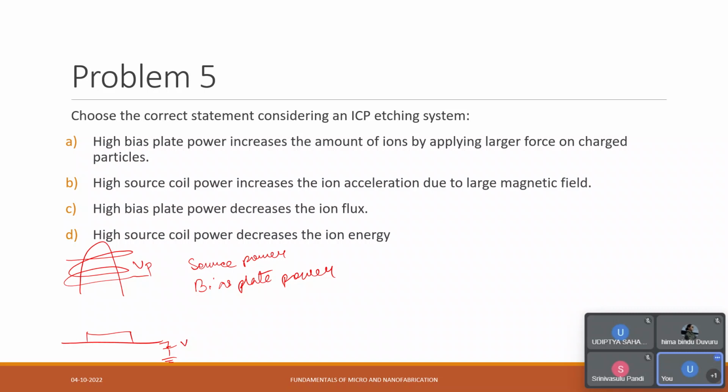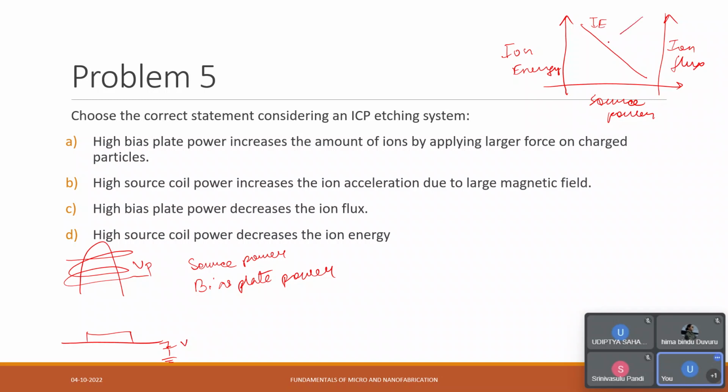It has been shown wonderfully in the graph also. One graph was shown that has the ion energy on this side, this is the source power, and this is the ion flux. So this is the ion energy, and this is the ion flux curve.